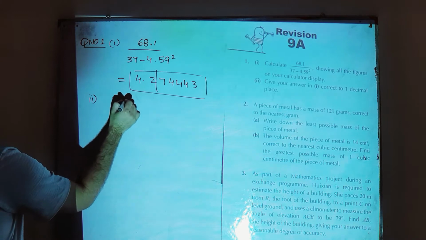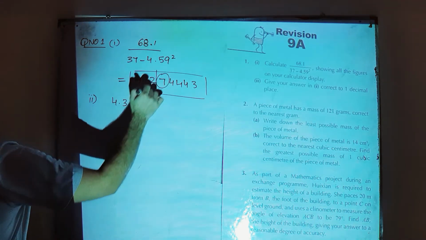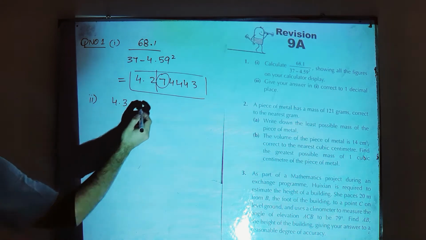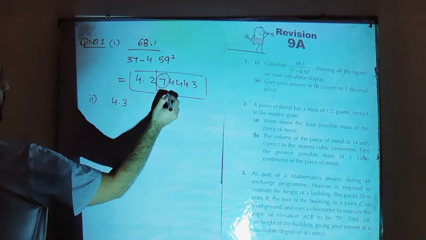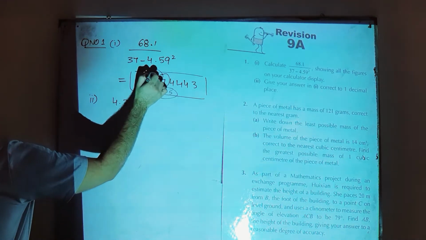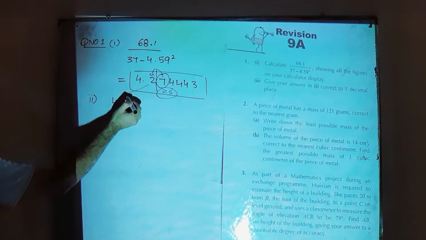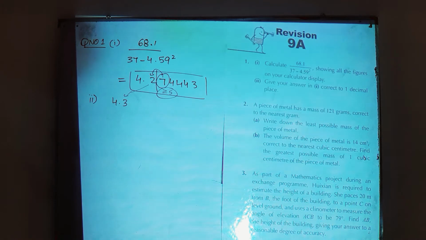So it will be 4.3, because the next digit is 7 and it is greater than 5. If it is greater than or equal to 5, then you need to increase this digit by 1, so it will become 3. So this is the answer for question number 1.